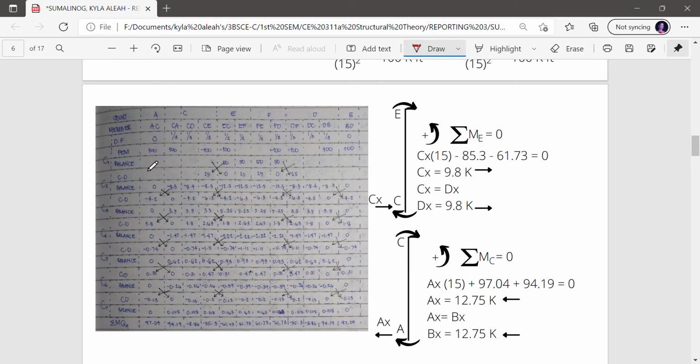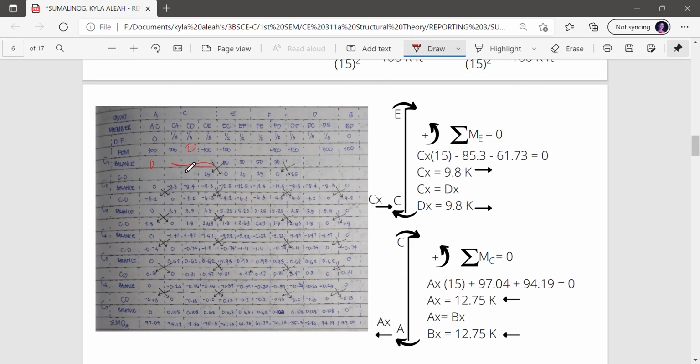So 100 times 0 is 0. Now on the CA, we are going to make it like this. On CD, we have an FEM of 0. So 100 plus 0 is 100, minus 100 because it's negative. So it's 0 times the 1/3, that will be 0. So all of these here are 0 on the balance on the joint C.